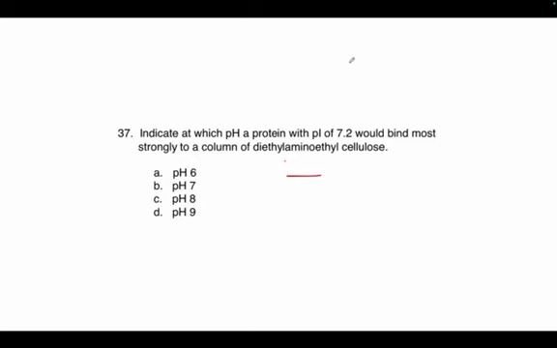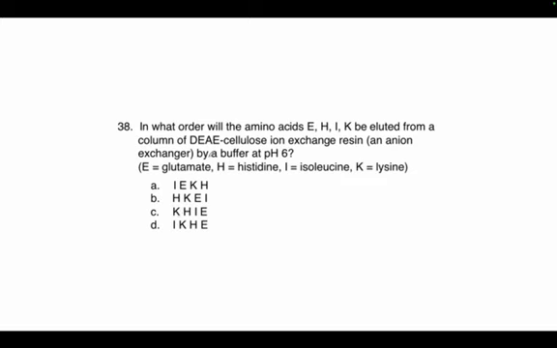If this is my pI, if I move in this direction, the protein is going to gain negative charge. Move in this direction, the protein is going to be more positively charged. So as the pH increases, the negative charge on the protein will also increase. So the highest pH in this list is pH 9, which is when it will have the most amount of negative charge and bind most strongly to this anion exchange column.